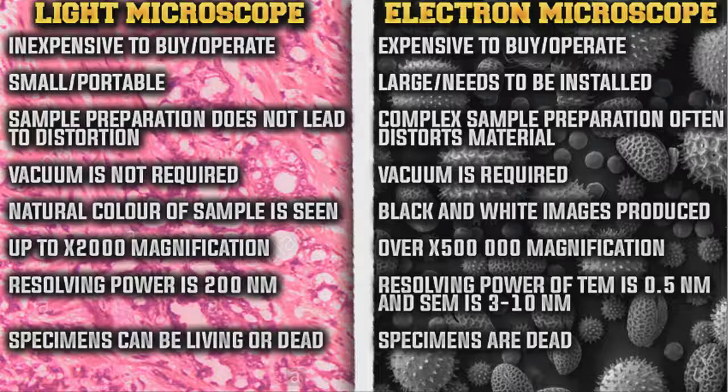Black and white images are produced, but you can use a computer to colour the image, and you can get over 500,000 times magnification with an electron microscope. That's a lot bigger than a light microscope. You also have the best resolving power with electron microscopes: up to 0.5 nanometers with a transmission electron microscope and 3 to 10 nanometers with a scanning electron microscope. And in this, the specimens are dead.